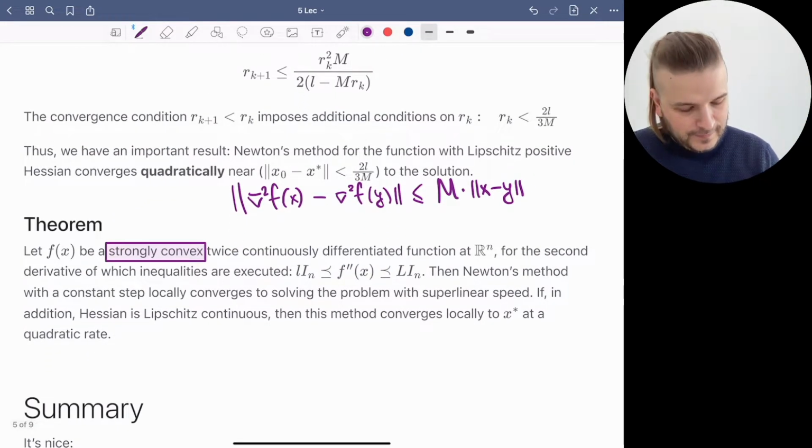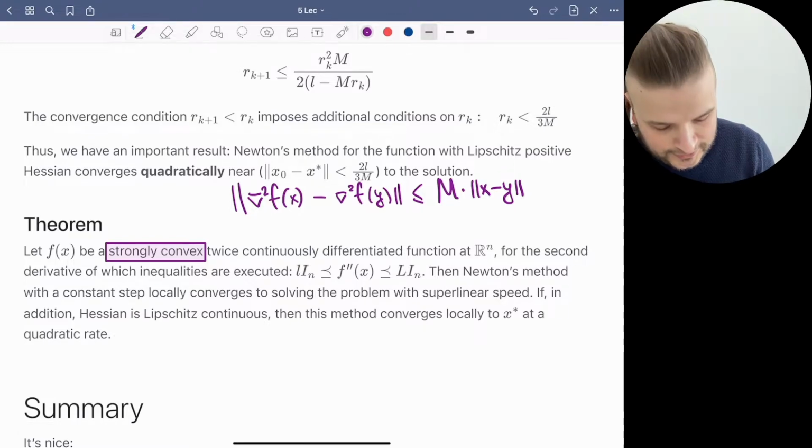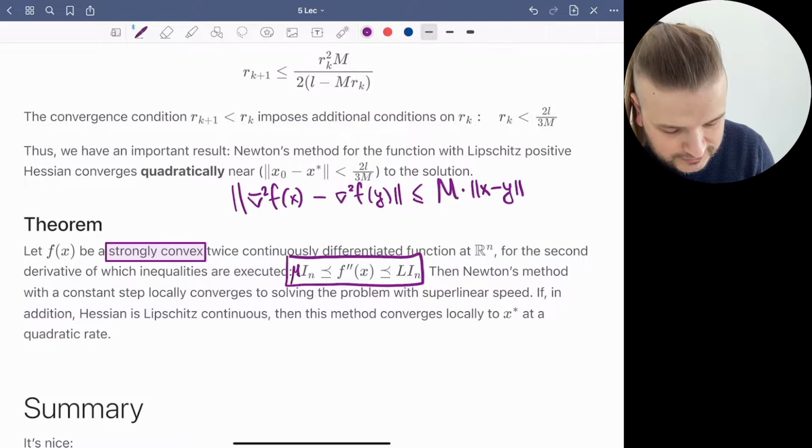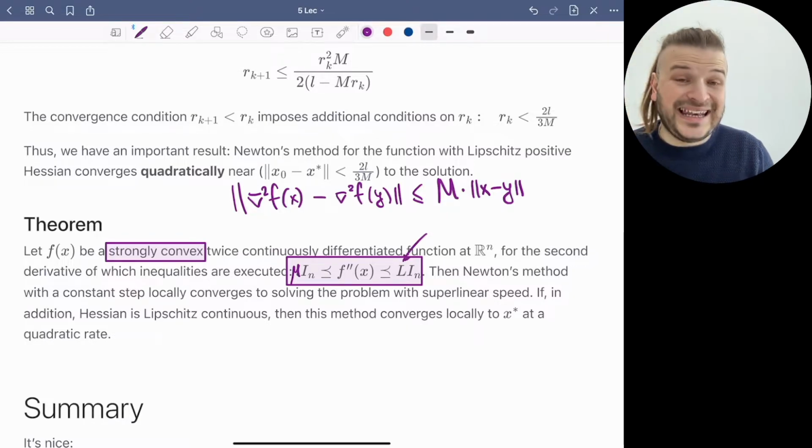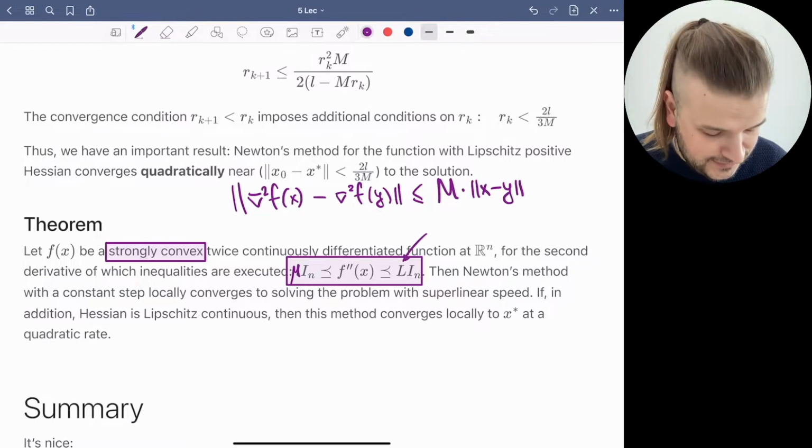And again, we have this property where this L is actually mu, the strong convexity constant here. And L is the Lipschitz constant for the gradient.